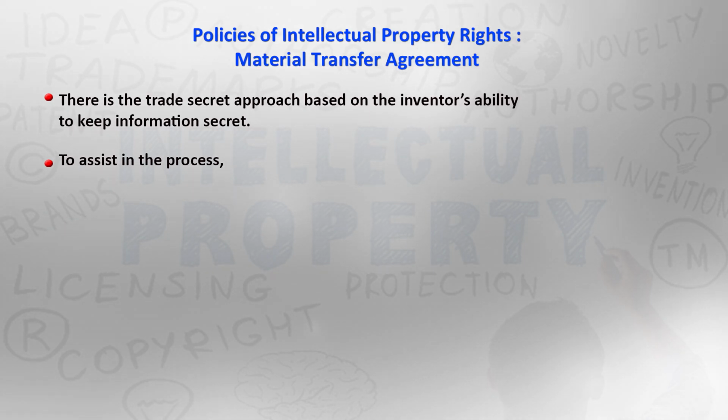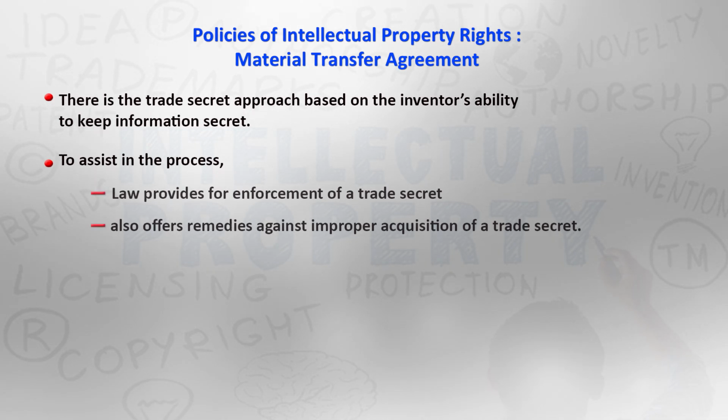Another way of intellectual property right protection is the material transfer agreement. The trade secret approach is based on the inventor's ability to keep the information secret, and to assist in this process, the law provides for enforcement of the trade secret and also offers remedies against improper acquisition of the trade secret.